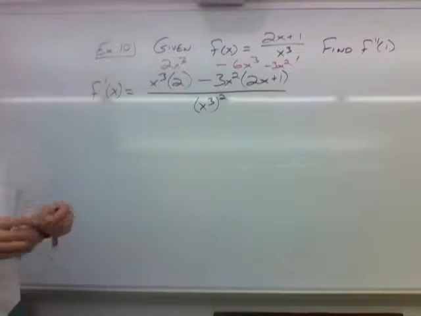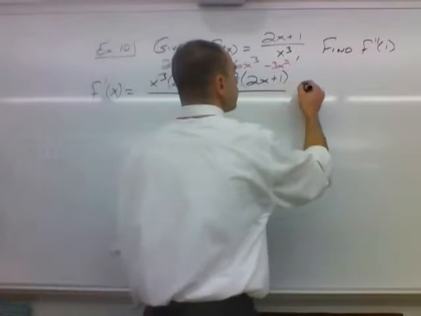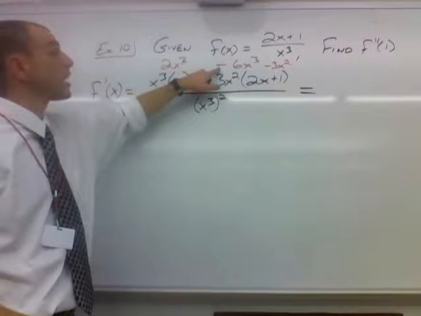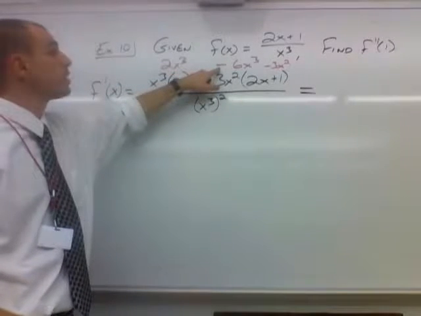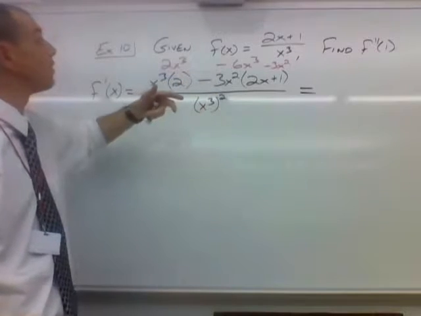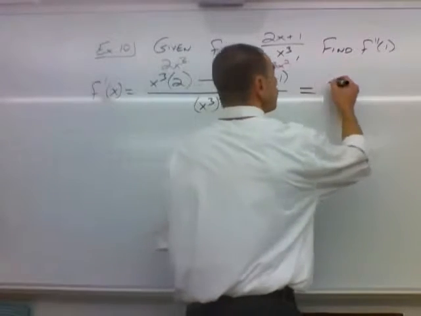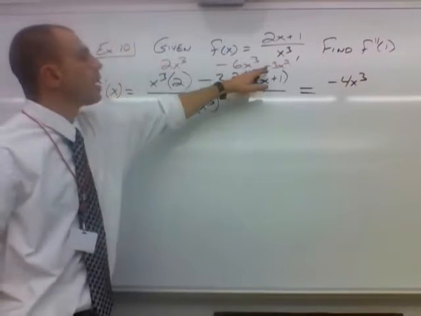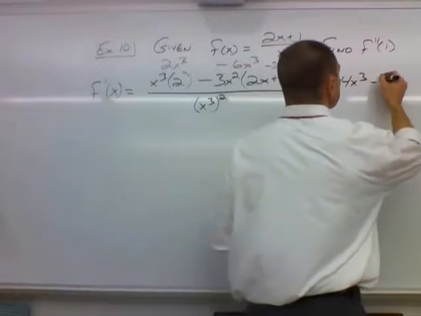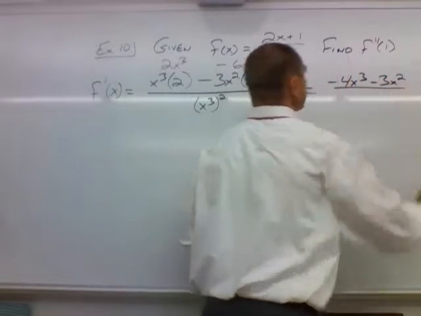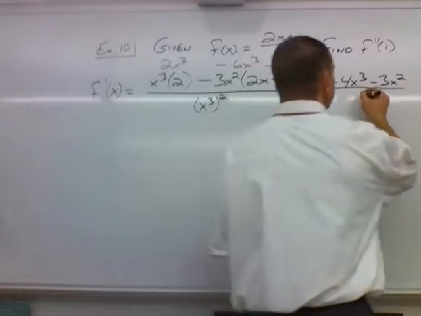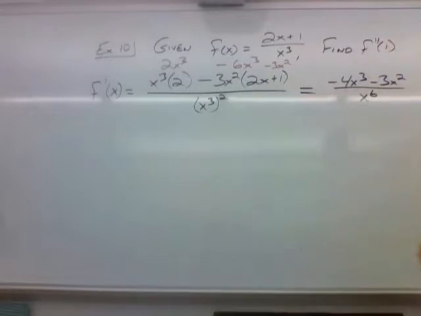Okay, so if we rewrite this a little bit, we have 2x cubed minus 6x cubed, which means that we're going to be looking at negative 4x cubed, and minus 3x squared. In the denominator, we have x cubed being squared, which will be x to the 6th power. So there is our first derivative.